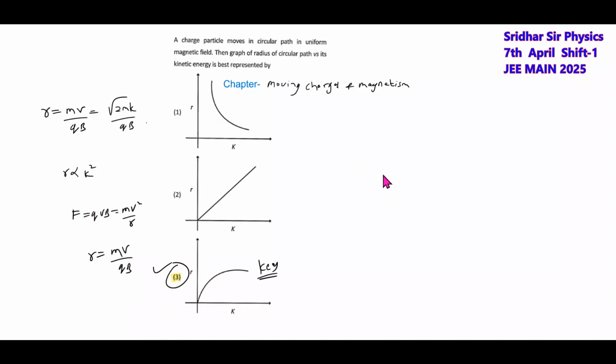The magnetic force acting on the charged particle moving in a circular path provides the required centripetal force. This is the magnetic field. From Fleming's left-hand rule, the force provides the required centripetal force.